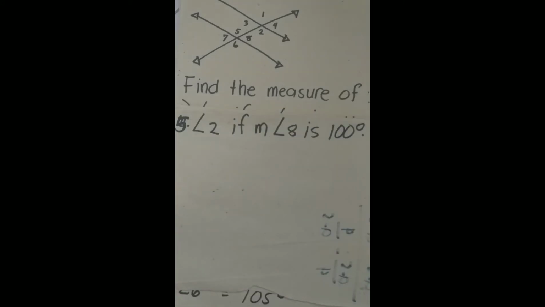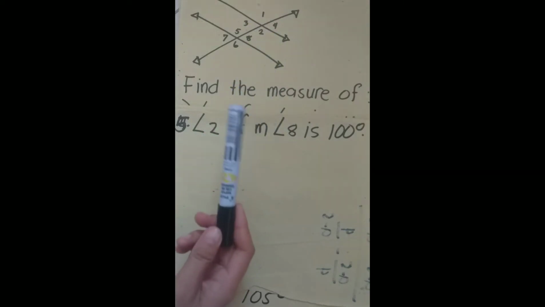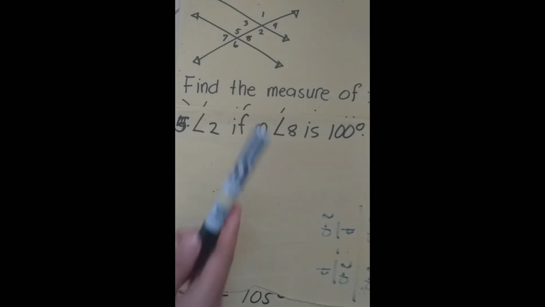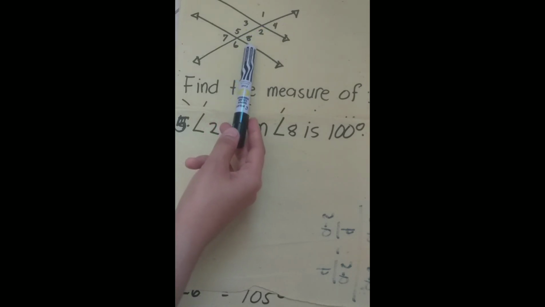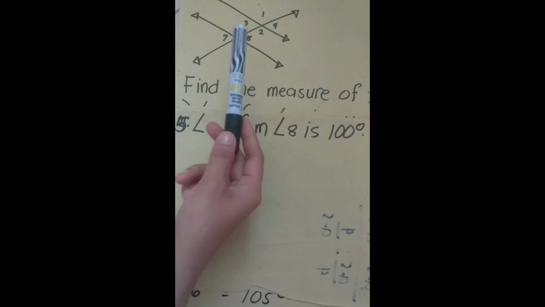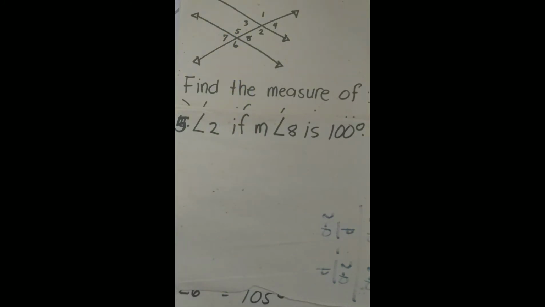So, number 5, find the measure of angle 2 if the measure of angle 8 is 100 degrees. Okay, this is our angle 2 and this is our angle 8. Angle 2 and angle 8 are on the same side, they are interior angles. Again, angle 2 and angle 8, this angle pair, are same side interior angles.